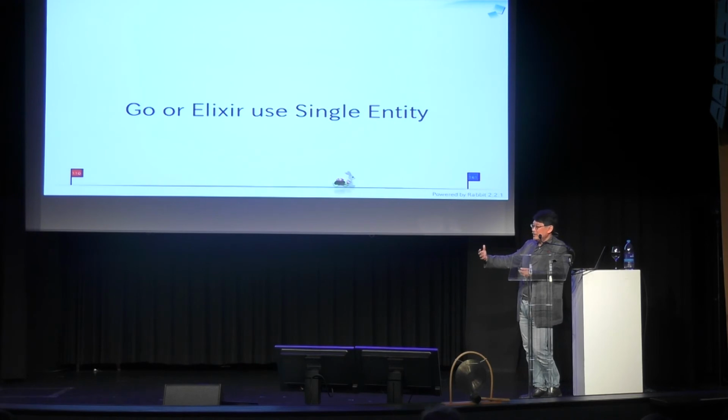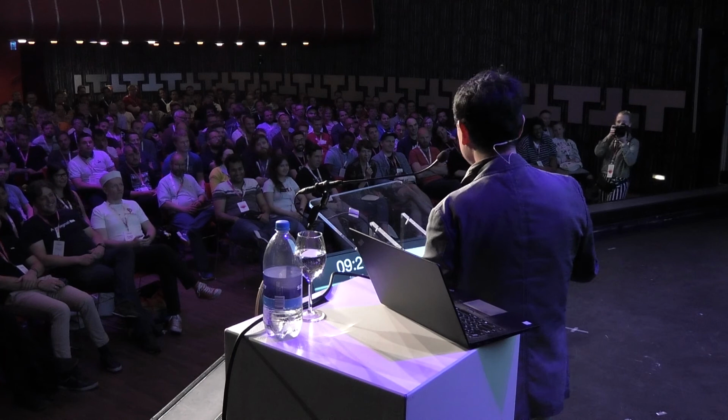tons of history. Unlike Elixir, we cannot make every object immutable. Okay, from now on, all Ruby objects are immutable. All your web applications will crash. No, we don't want that.